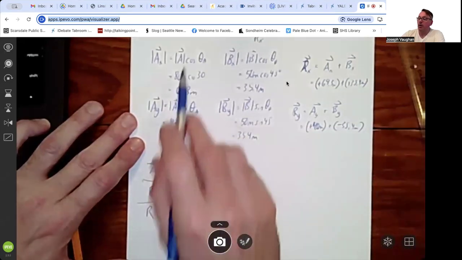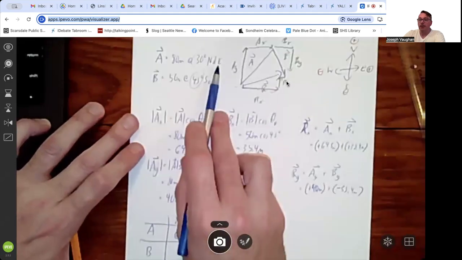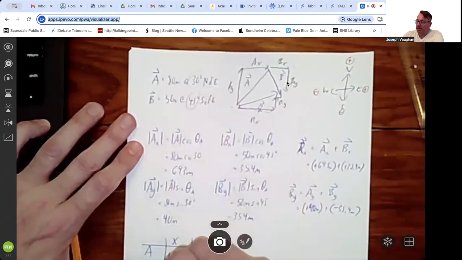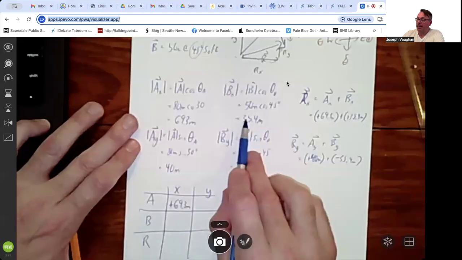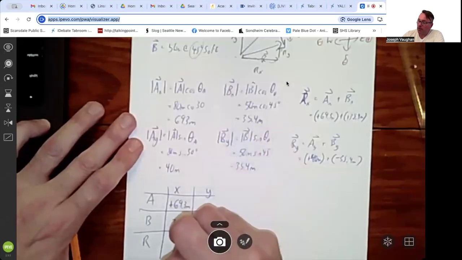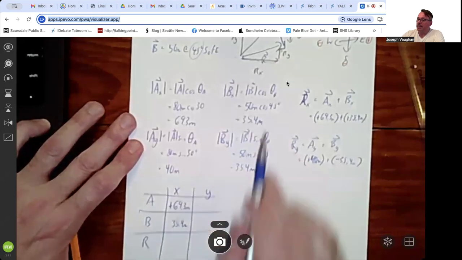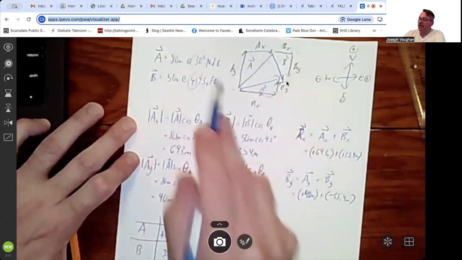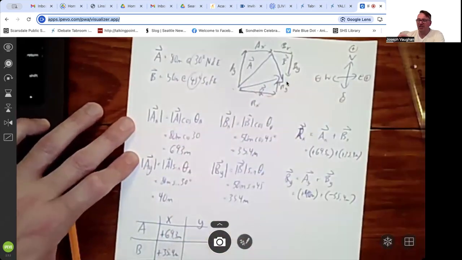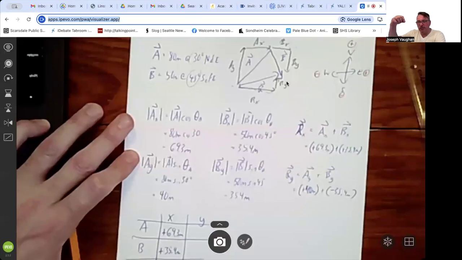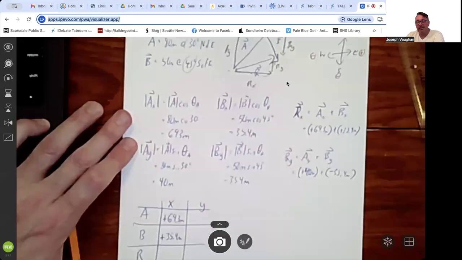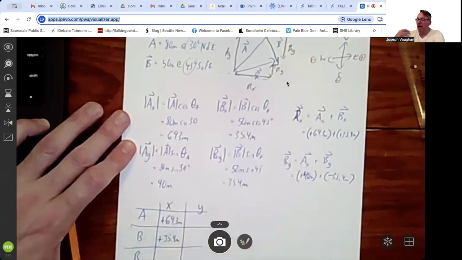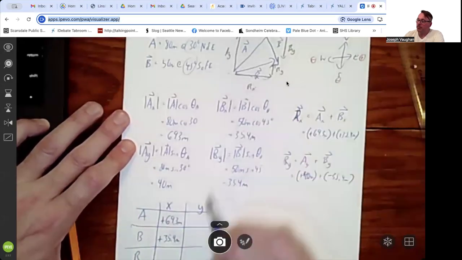And then I say, okay, well, that is east. So that's positive. And then the X component of B, well, that's 35.4 meters. And I say, well, BX also is east and that is positive. So notice I separately think about the magnitude in each place and separately think about the direction. I find I make fewer errors that way.